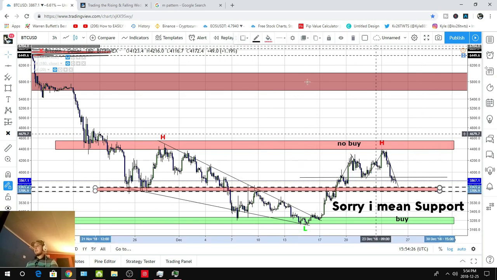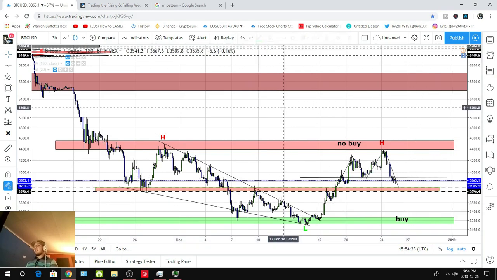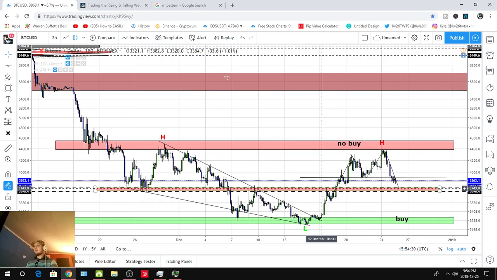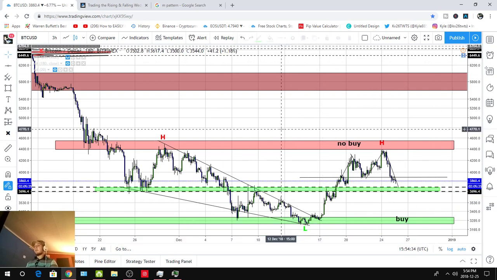I must actually make it green because it can be support, correct? Okay, there's a possibility of support. Just having a reminder of a possibility, but more looking at the bigger picture, but there is a possibility of support, correct?